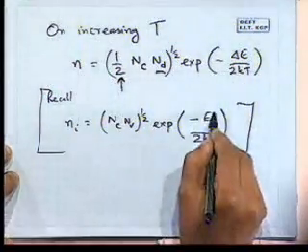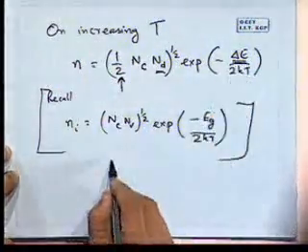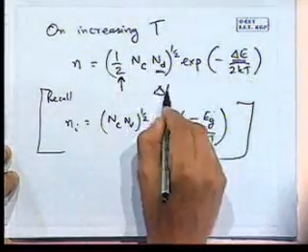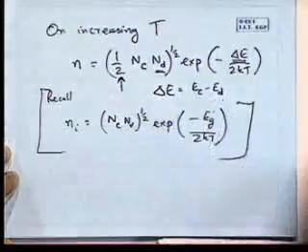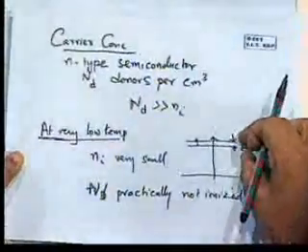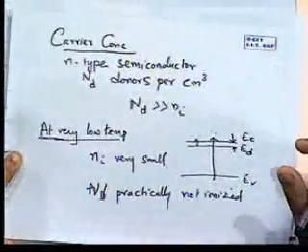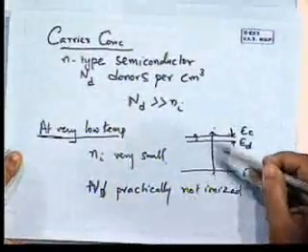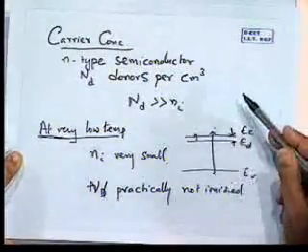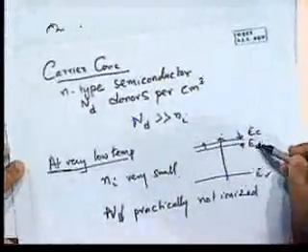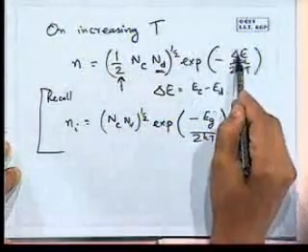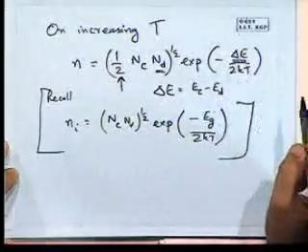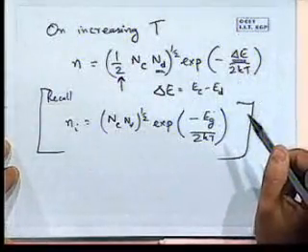And instead of the band gap here, we are going to use delta E, where delta E is nothing but Ec minus Ed, or this little gap over which it should be excited. For the intrinsic case, we had to consider Eg because the excitation is across the band gap. In this case, the excitation is from here to here. So accordingly, the equation has been modified to include a delta E, which is simply the difference between the donor level and the conduction band.